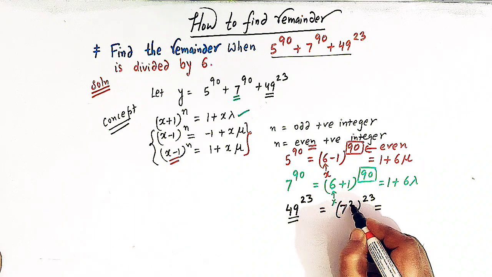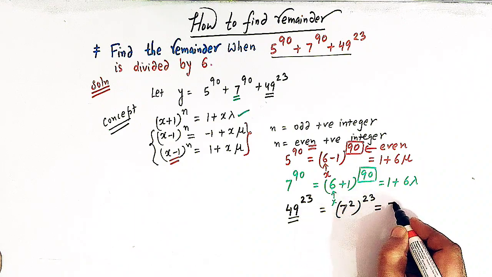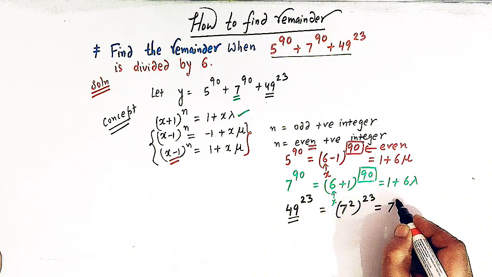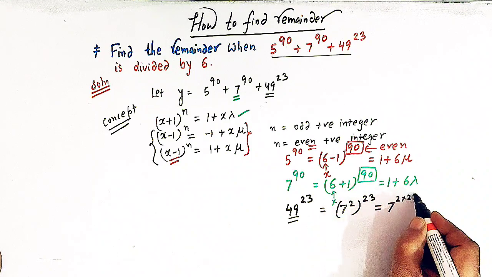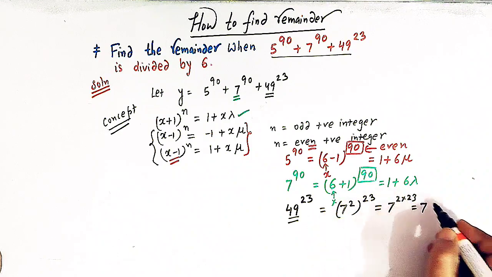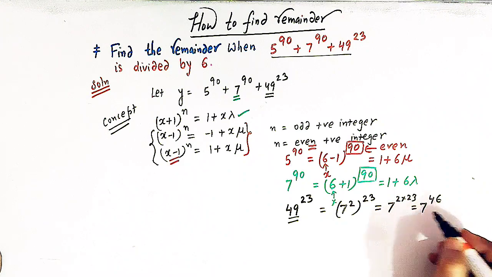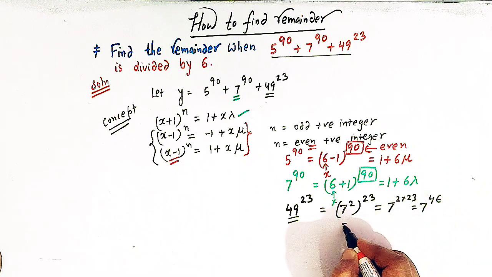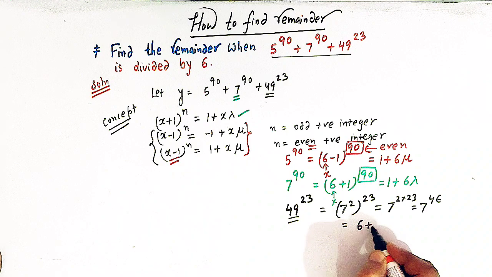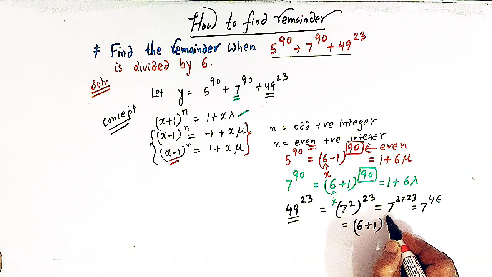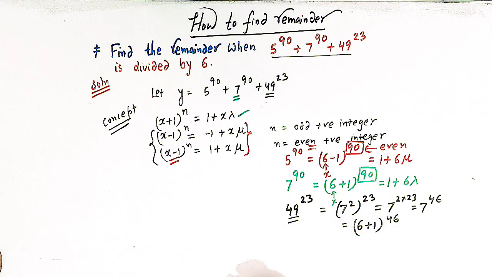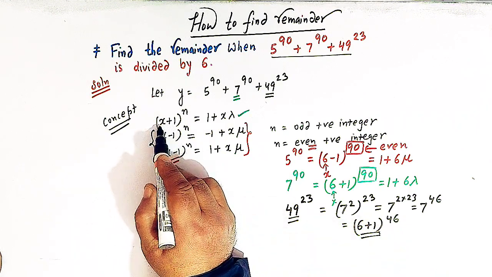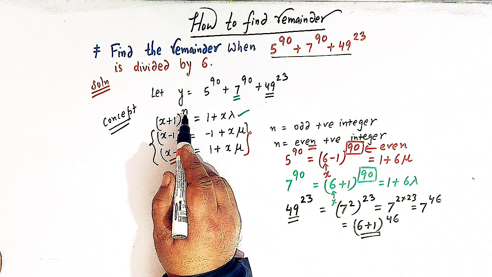By the laws of exponents, we multiply 2 times 23, so this is 7 raised to 46. Now 7 can be written as 6 plus 1, so we have 6 plus 1 raised to 46, which is similar to x plus 1 raised to n.